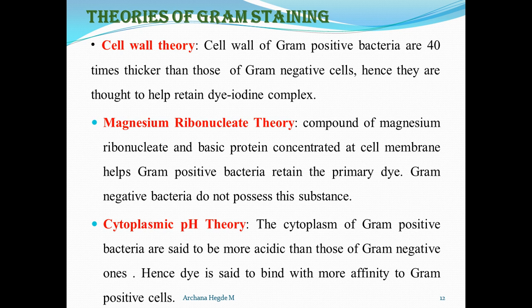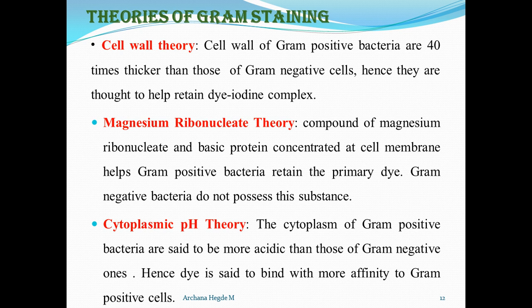So when the diiodine complex is used in the gram staining technique, it is lost by the alcohol action or decolorization in gram-negative bacteria, whereas in gram-positive bacteria many layers will be there and the iodine complex will be retained. So gram-positive bacteria take the gram-positive stain, whereas gram-negative bacteria take the gram-negative stain.